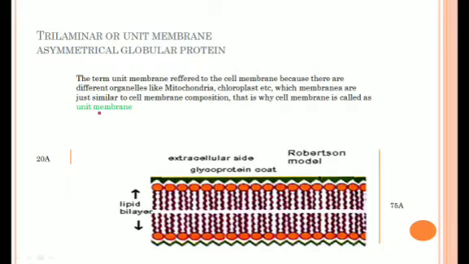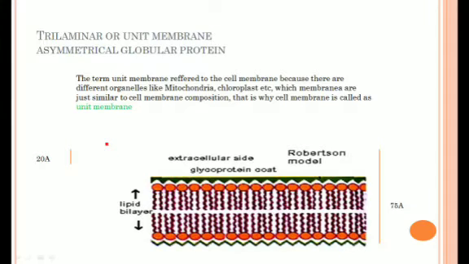a third model was proposed by Robertson, and according to this model, the plasma membrane was made up of three layers. That means it is trilamellar, also called a unit membrane.